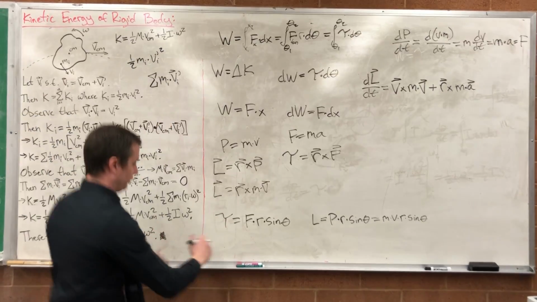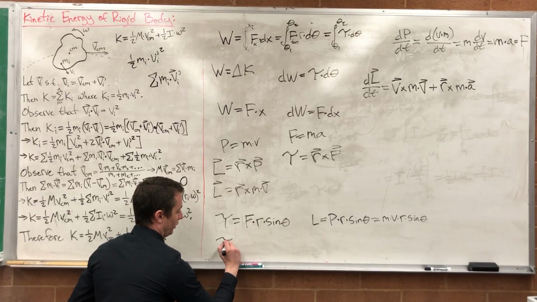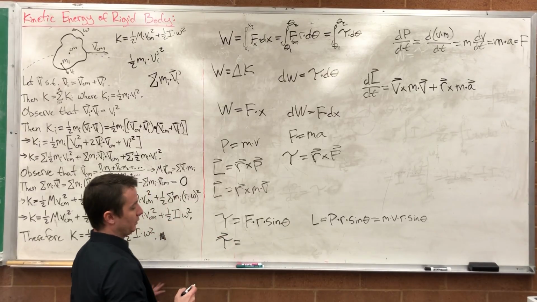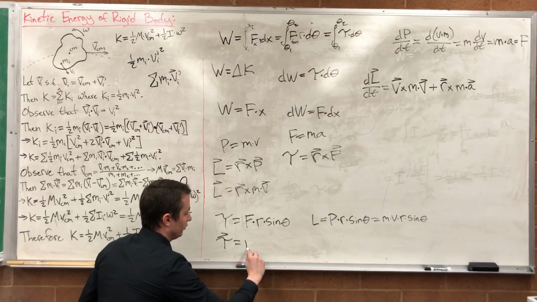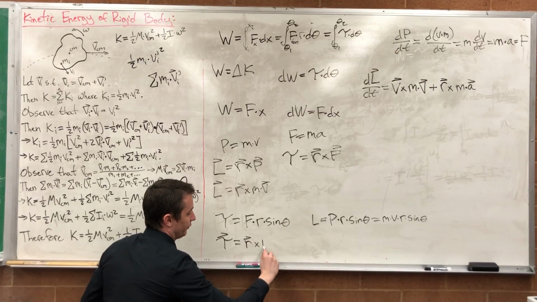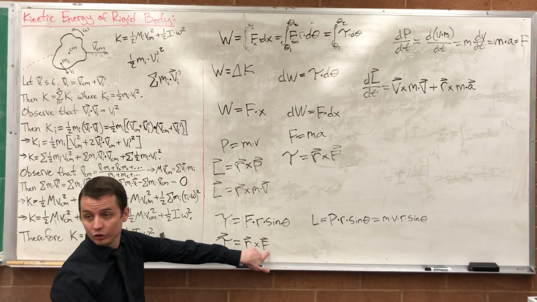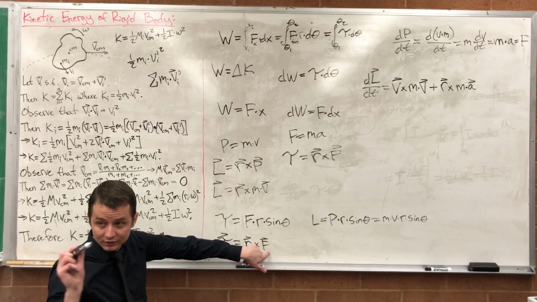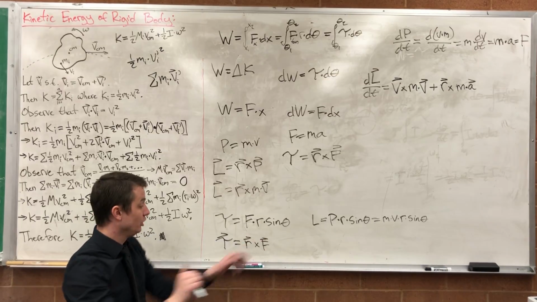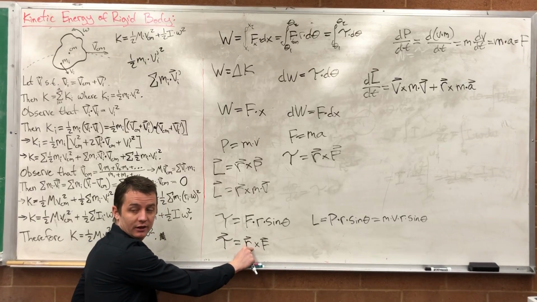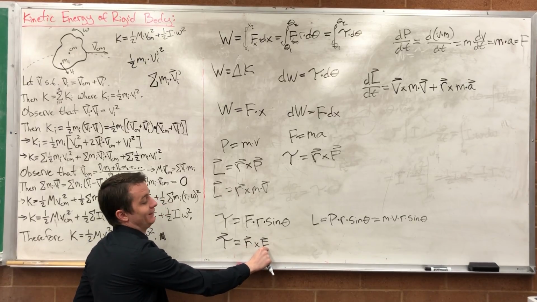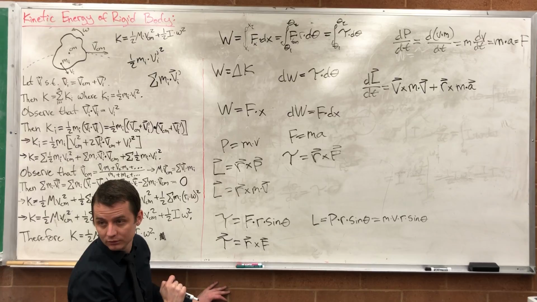One basic definition of torque is that your torque vector is always equal to your position vector crossed with your force vector. That's its definition. When you're calculating the magnitude of a cross product, you can take the magnitude of this vector times the magnitude of this vector times the sine of the angle between them. That's from chapter 1.